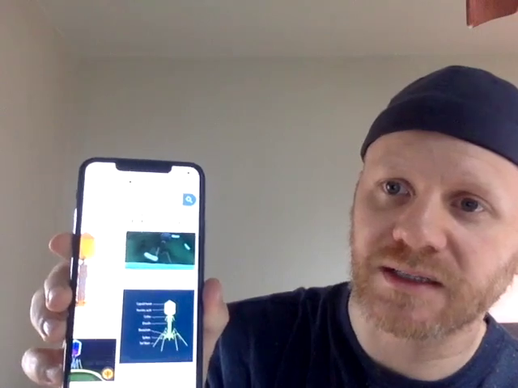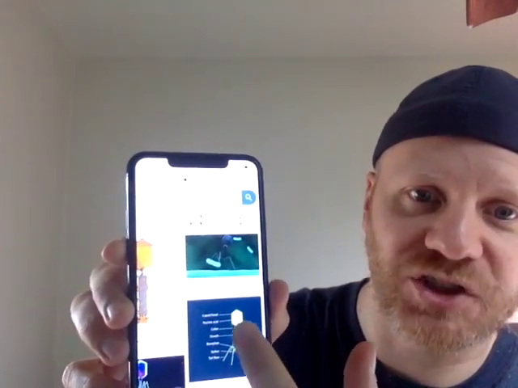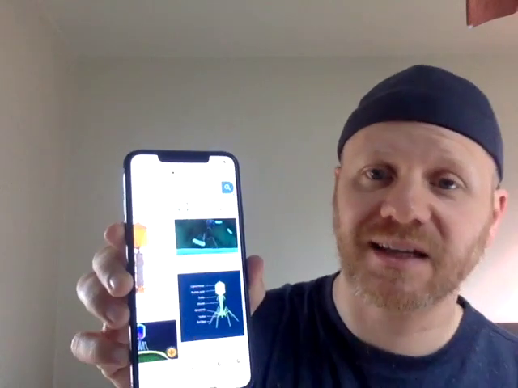Okay, so the second term that we're going to learn today is capsid. A capsid is a protein coat that surrounds a virus. You'll see it here. It is that tetrahedron, this geometric shape up there. That's the capsid.